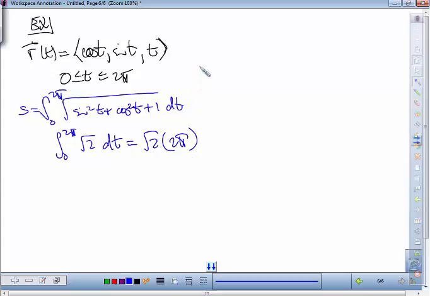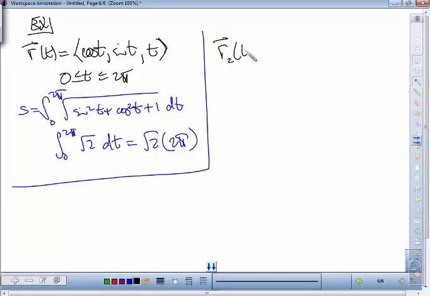Now, I don't know if we talked much about this, but if you have a curve, like a circle, or in this case a helix, it turns out there's an infinite number of ways to parameterize that curve. What does that mean? That means if I had another curve, R2 of t, oh, this would have been a good time for an R2D2 joke, but I don't have one.